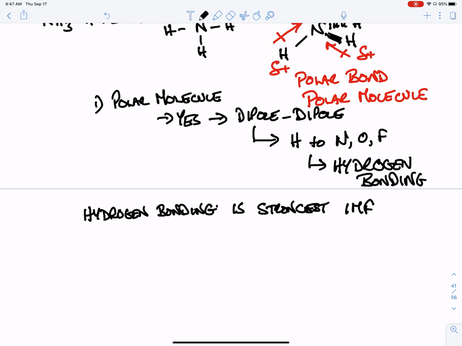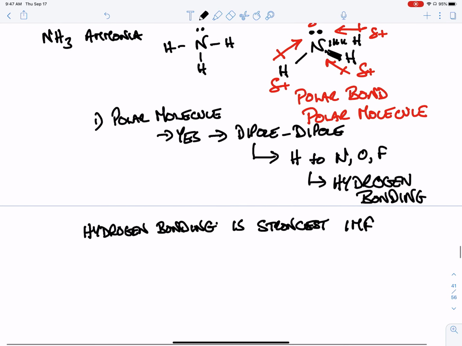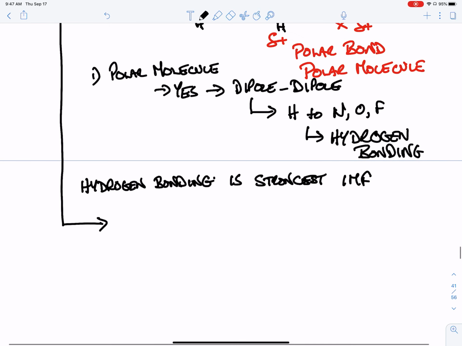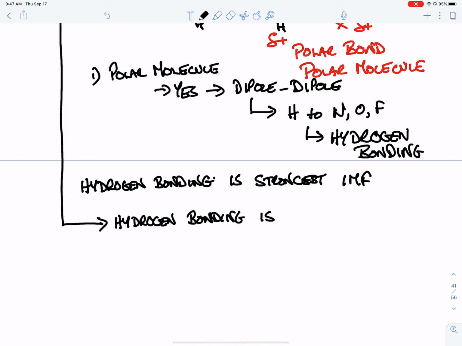I mean, it's nowhere near as strong as an ionic bond or a covalent bond, no way, but it's the strongest intermolecular force. And so because we've answered all of these questions, is it a polar molecule? Yes. Is hydrogen bonded to NOF? This is a special case of hydrogen bonding. So for ammonia, hydrogen bonding is the dominant intermolecular force.